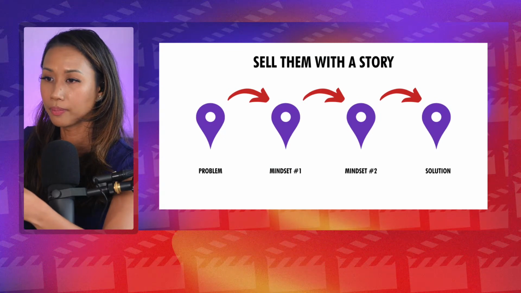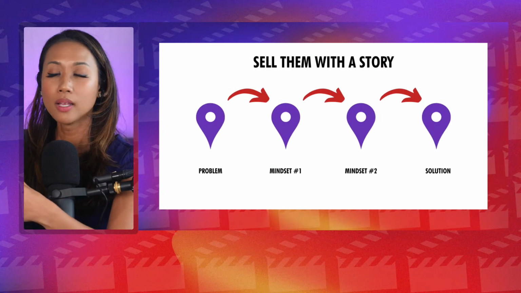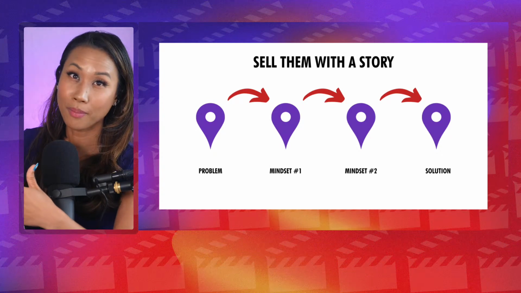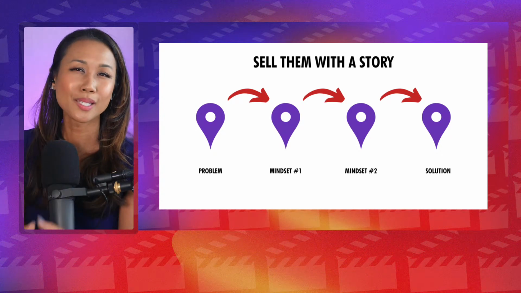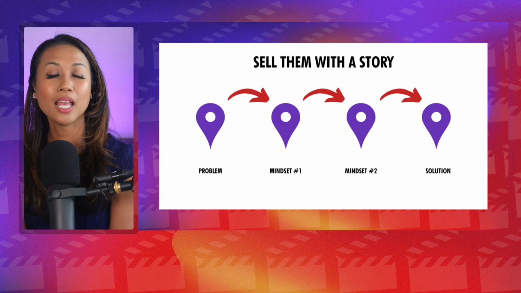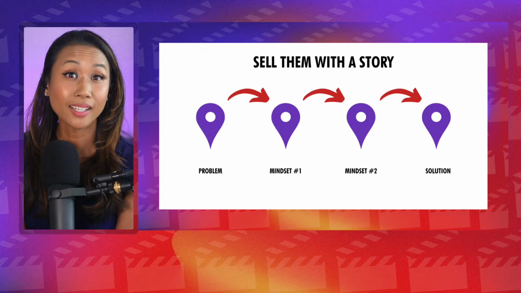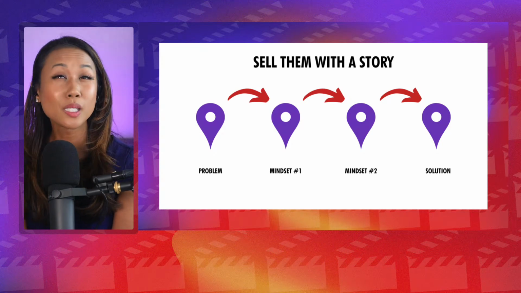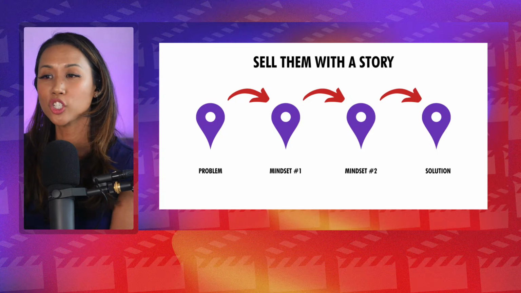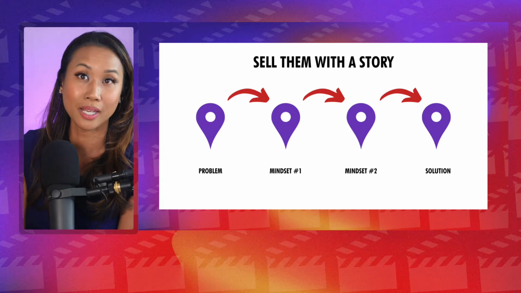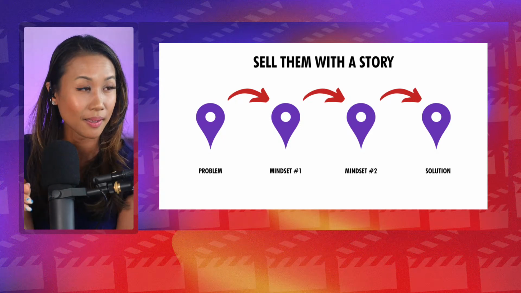Here's the problem. And when you're in that problem, most likely they're in a negative mindset. So what's the next mindset that they have to be in order to be interested in your product or your service? They could be curiosity. It could be inspired, whatever it is to shift them away from the previous mindset that was negative.